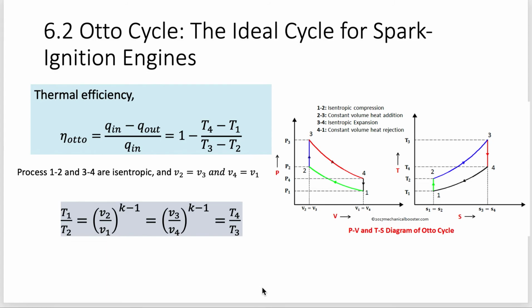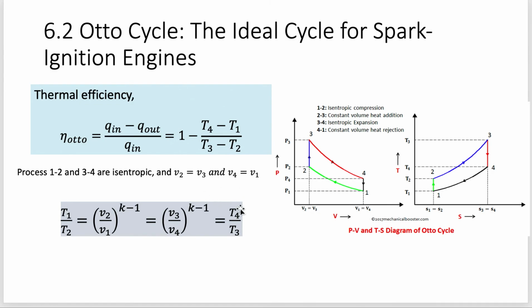Okay, this is the thermal efficiency. We can represent the thermal efficiency of the Otto cycle as 1 minus (T4 minus T1) over (T3 minus T2).